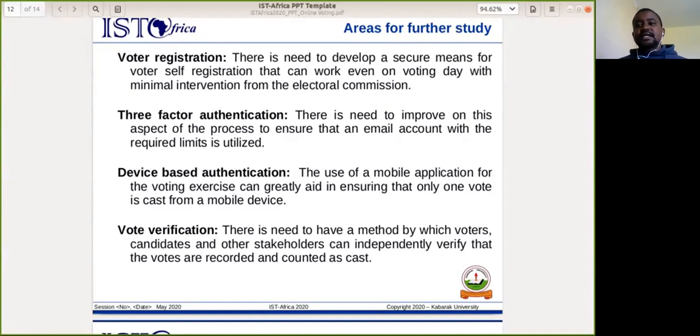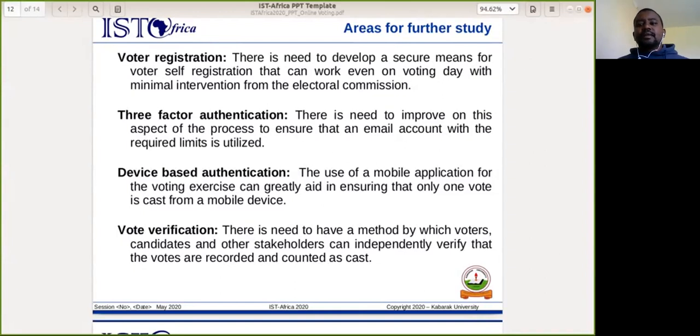While we as a commission and as technical people know how to do this from a database end, we can actually go in and verify from timestamps and things like that, voters are more end users and not all of them may understand SQL and timestamps and firewalls. They want to have a way of confirming for themselves. So that is one of the major areas of our study going forward.